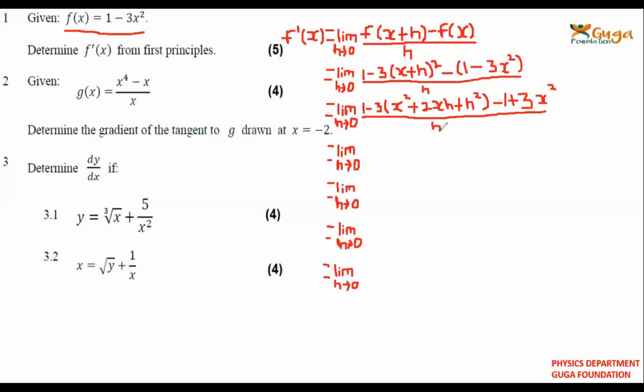Here you will have 3 multiplied by x squared, 3 multiplied by 2xh, 3 multiplied by h squared, so we just remove the brackets there.